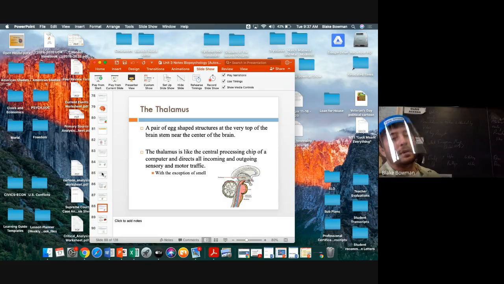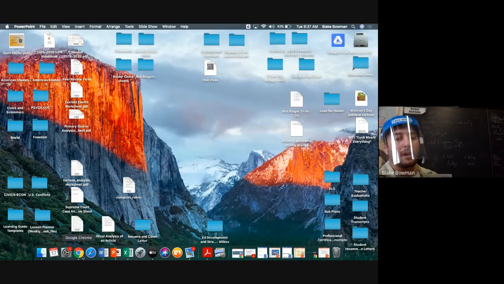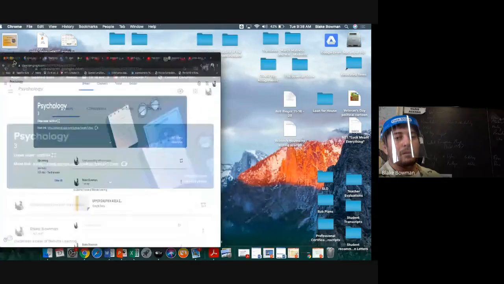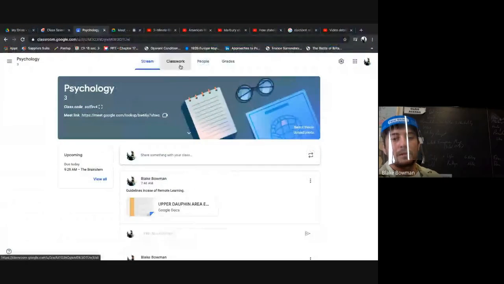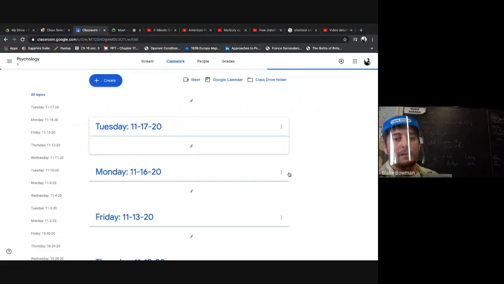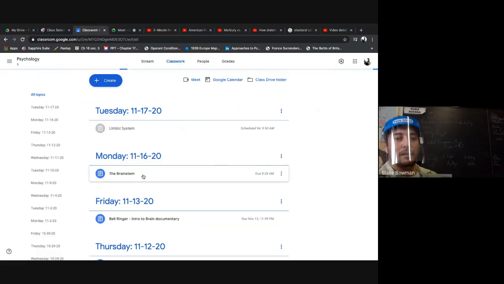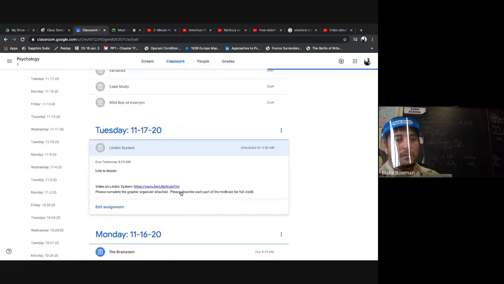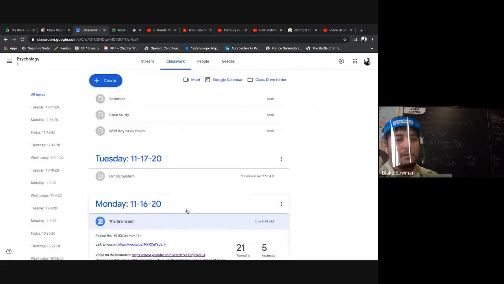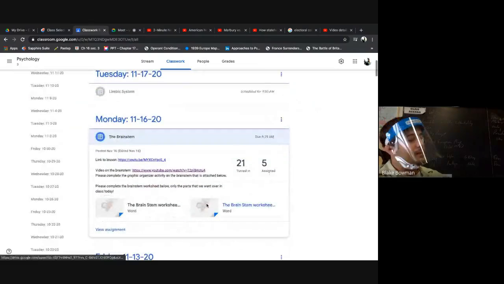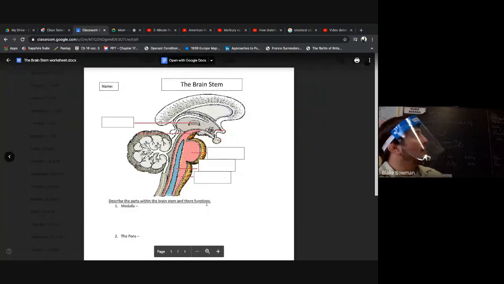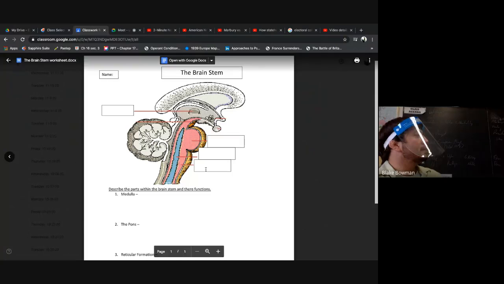Good? All right, so let's pull out that worksheet real quick. I just want to show the locations. We already described them, and we'll move on. So the brainstem, this was yesterday, Monday 11/16. Today's. All right, so at the bottom here, let's start off.